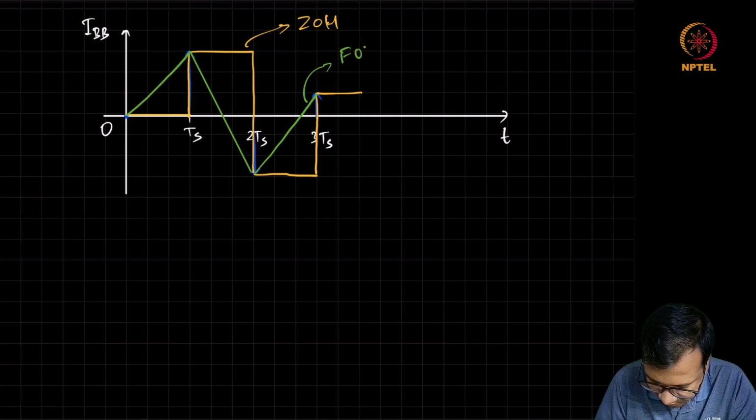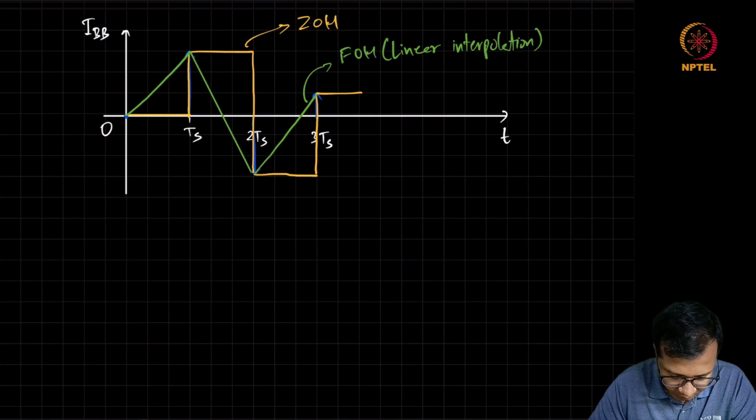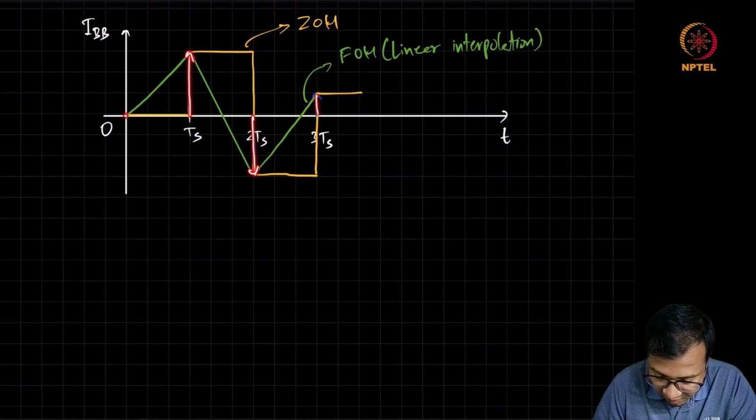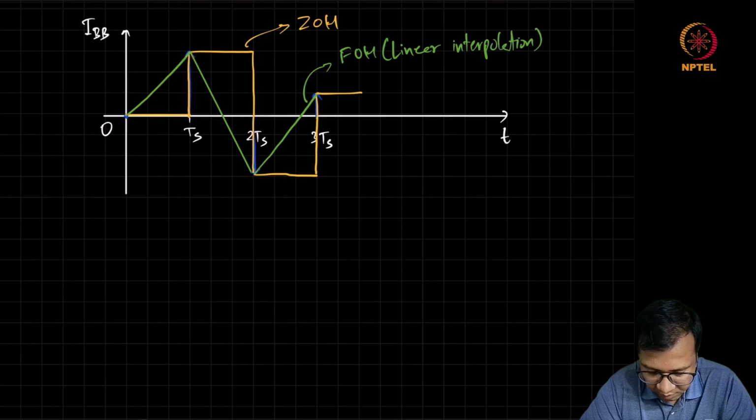Also called as first order hold linear interpolation. To be able to do a linear interpolation from the digital samples requires very complex analog filters.